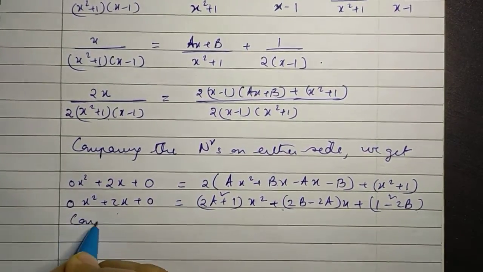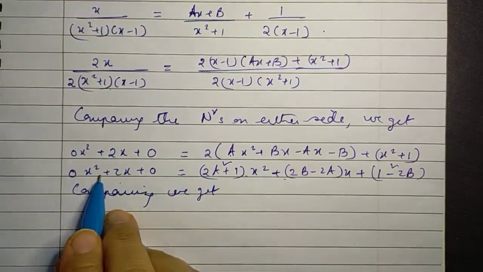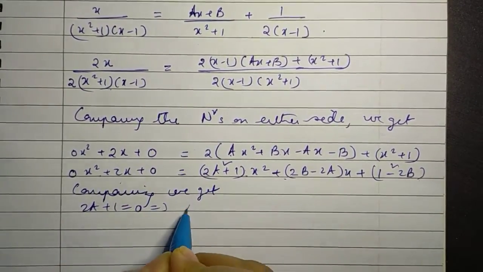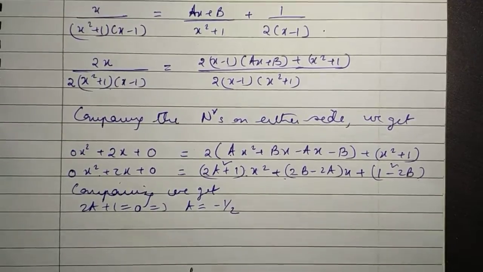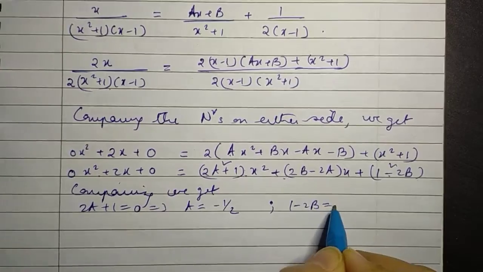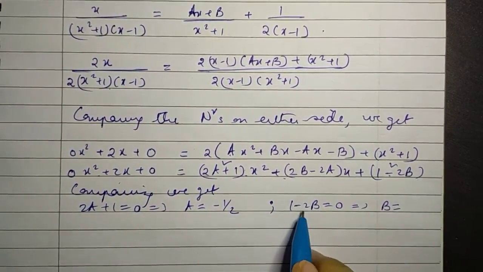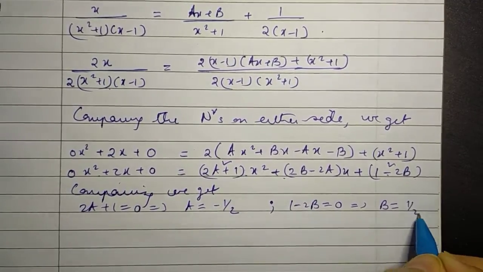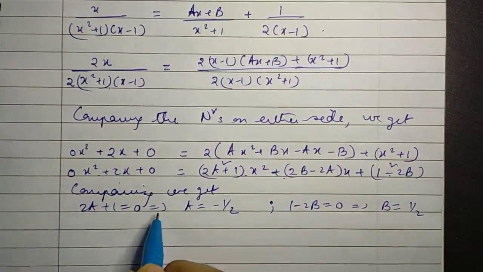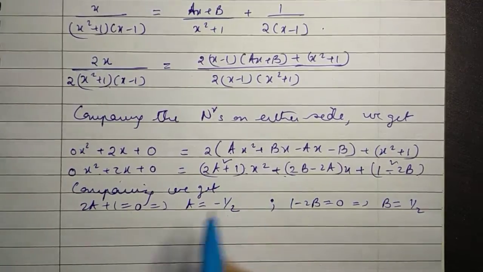So comparing the coefficient of x squared, we have 2a plus 1 is 0, which gives us a equal to minus half. And again comparing the constant terms, we have 1 minus 2b equal to 0, which gives us b equal to half. Now from the third one we will cross check whether our calculation for a and b is correct or not.